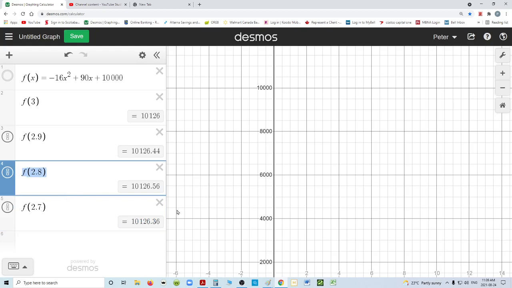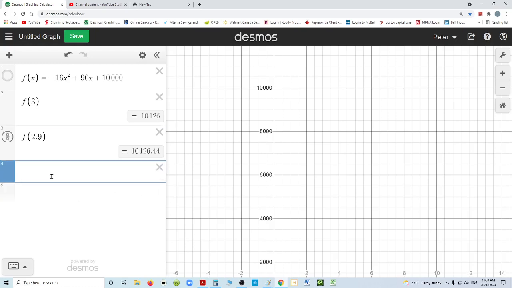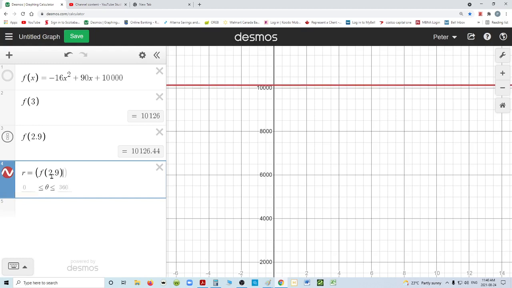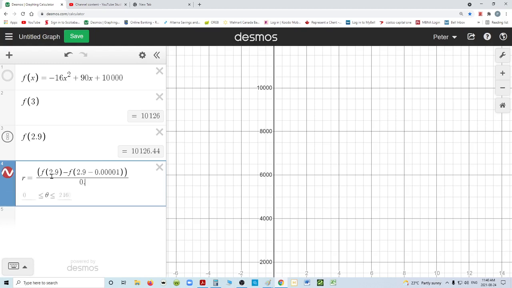But let's say I was convinced way back when that it was 2.9, and I was going to stick to my plan. My rate of change is going to be equal to that point, f(2.9), minus a point just to the left of it, f(2.9 minus h), whatever h we took, 4 zeros, all of it divided by that h.